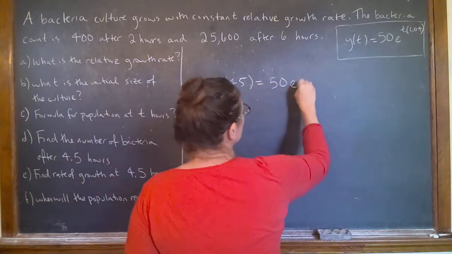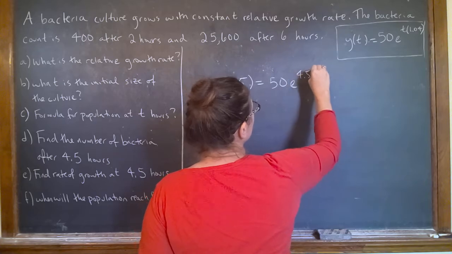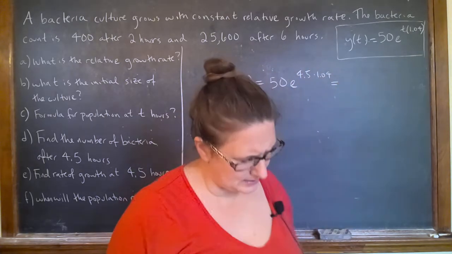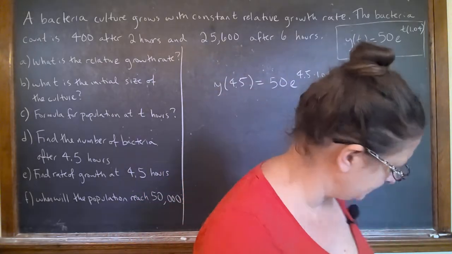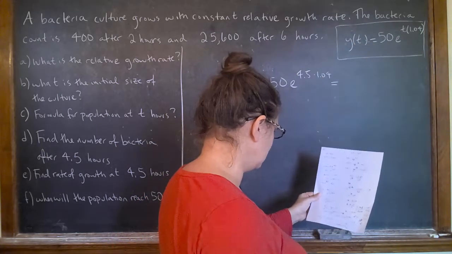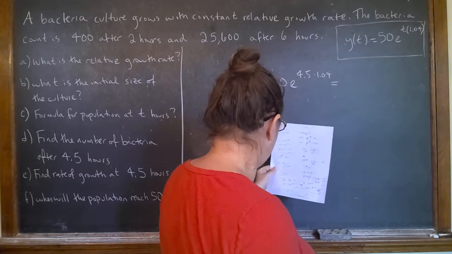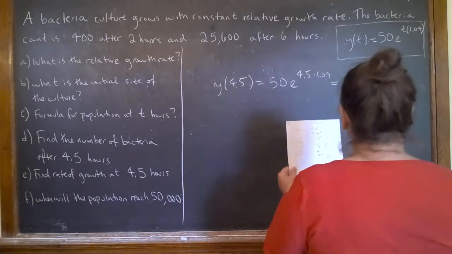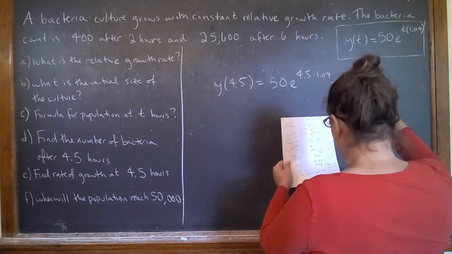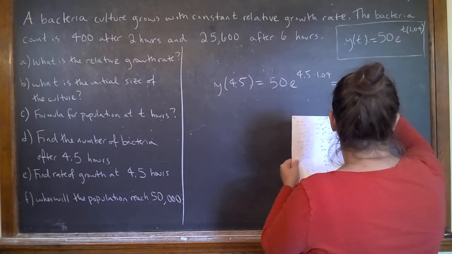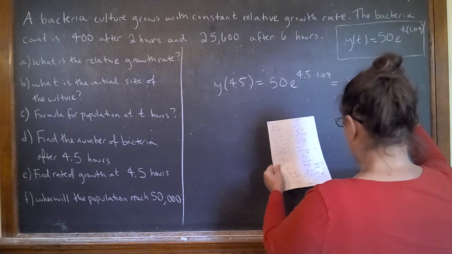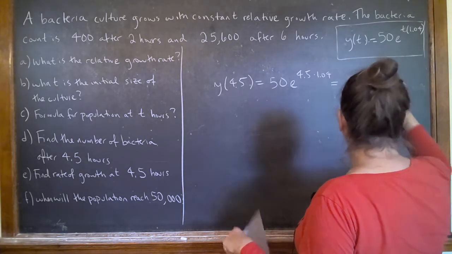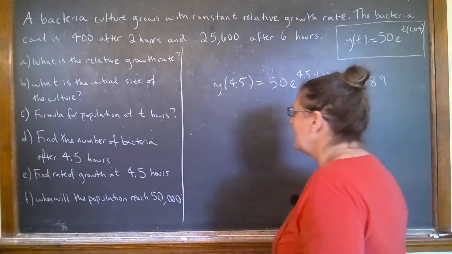So 50 e to the 4.5 times 1.04. And I did this. We can find it. It looks like 5,385.89. Something like that.